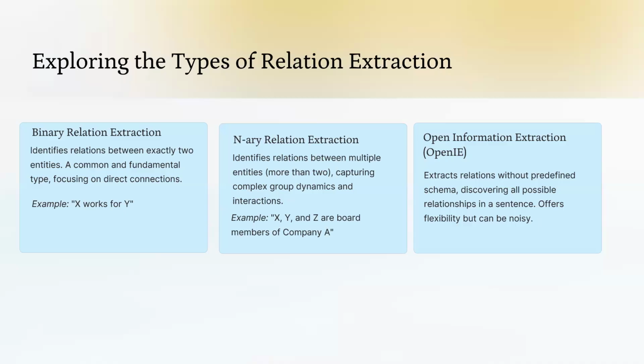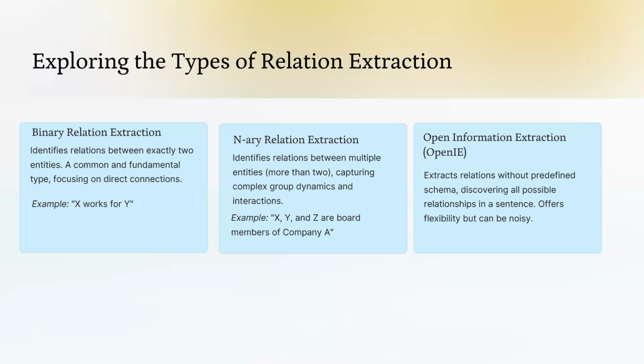And then comes open information extraction. It relates entities without relying on a predefined schema or structure or specific entity types. So it doesn't follow a predefined schema and essentially discovers the possible relationships in a sentence on the go.